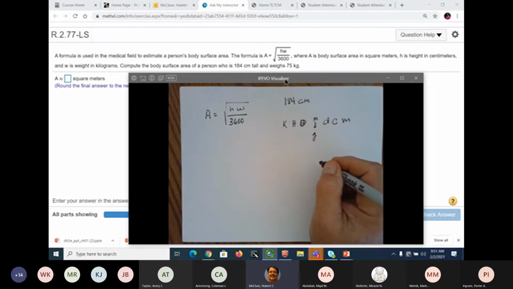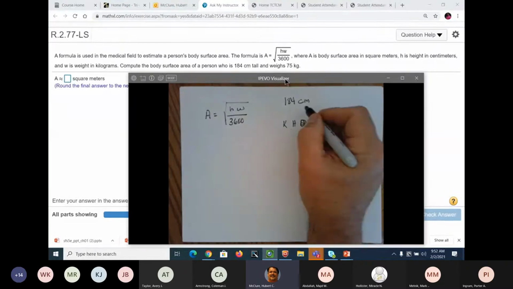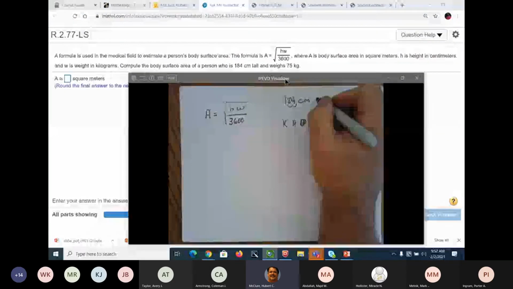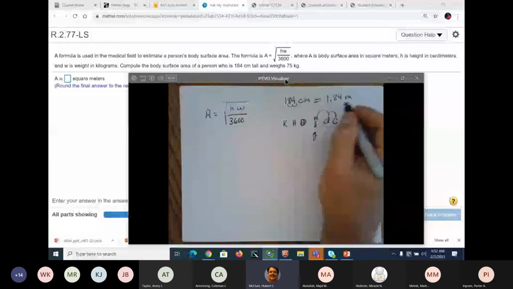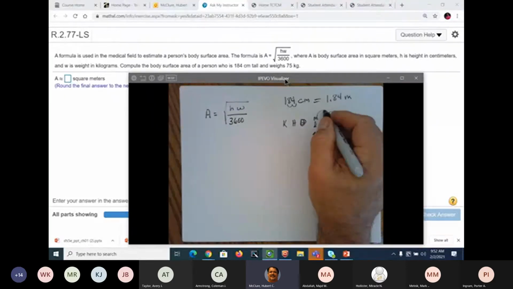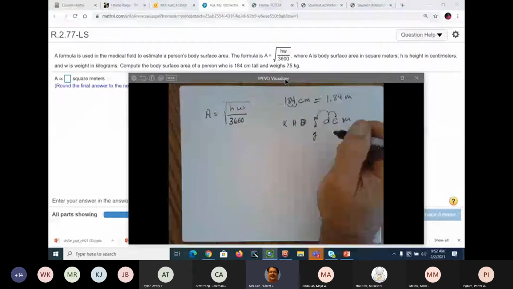All right, we want to change centimeters into meters. So I think it said meters, didn't it? Yeah, 1, 2, 1, 2. So that's 1.84 meters. Now, I'm not saying we have to do that. I'm just saying if we get the right answer using 1.84 meters, then that's what they did.